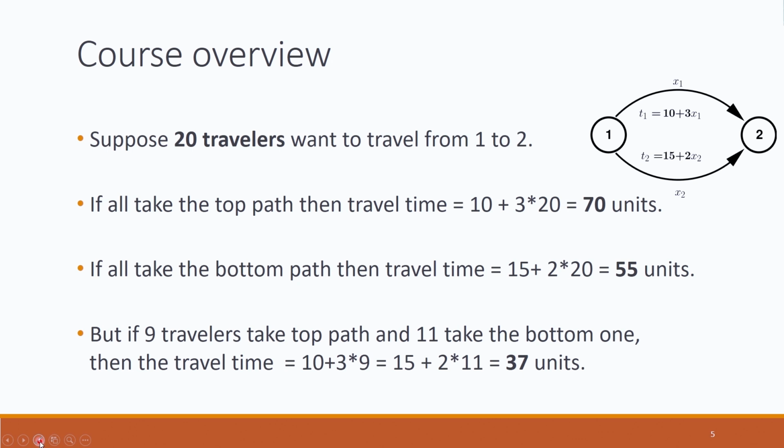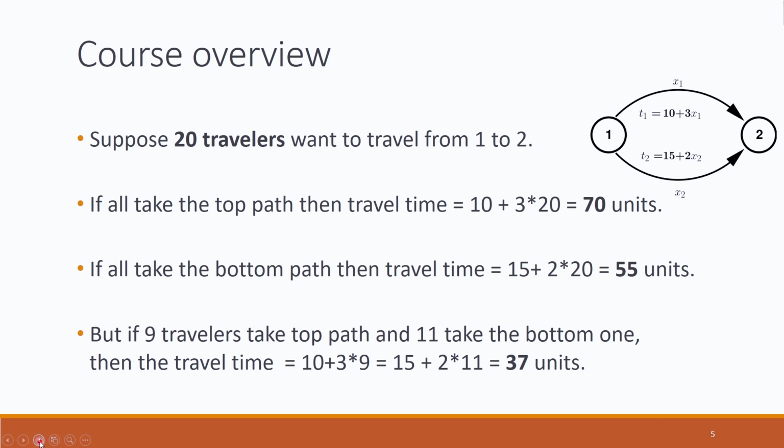So both of these values come out to be 37 units. And in this case, we can see that this option offers the least travel time as compared to the first two options that were there. And it can be seen that in this case, the travel time that is experienced on both of the paths here is the same.